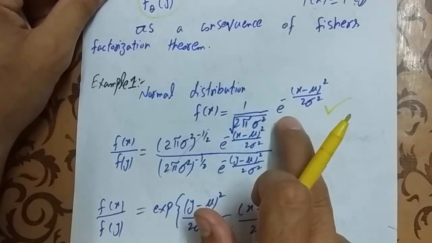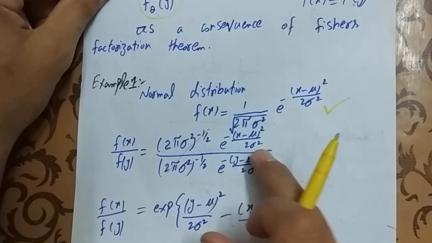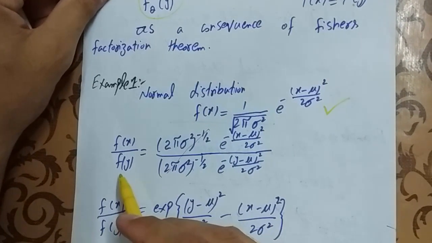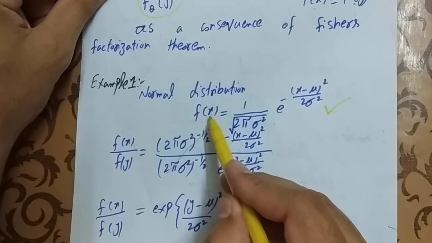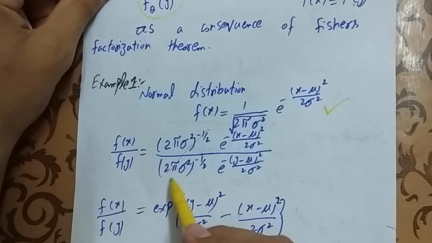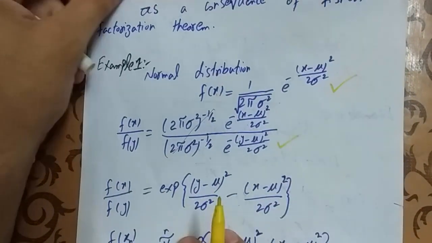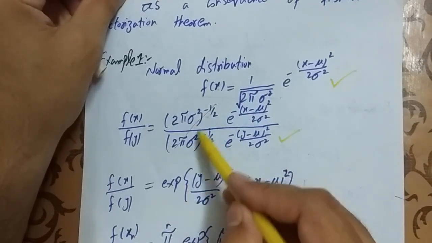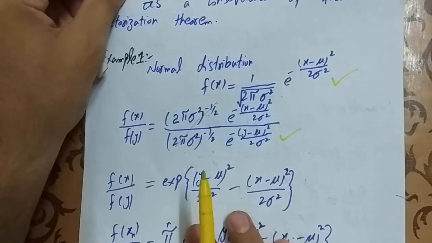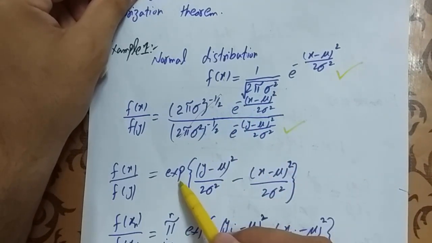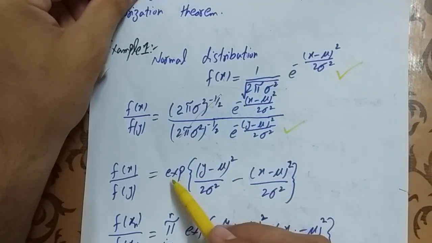We use the statement from above, and secondly we put small y instead of x. Then we see these things are equal and cancel out, and the others are in the exponent. Exponent, we write e as exp.